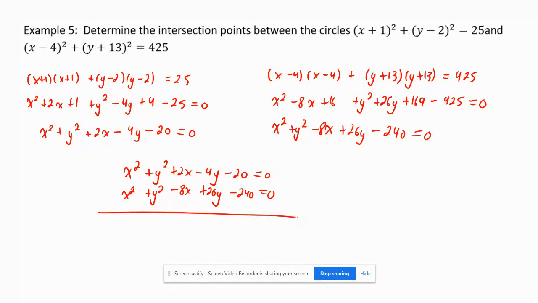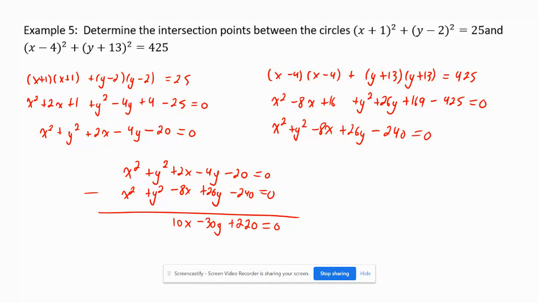Okay, so if I subtract these, hopefully you see the x²'s and the y²'s are going to disappear. So those cancel out, those cancel out. 2x minus 8x is −10x, −4y minus 26y is −30y, and −20 minus −240 is 220, equals 0.